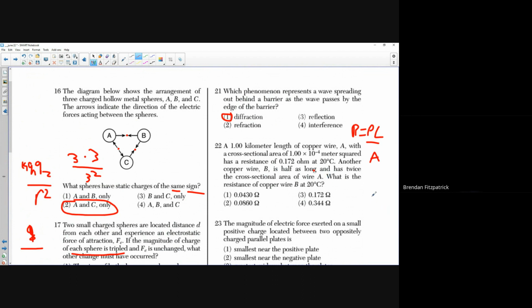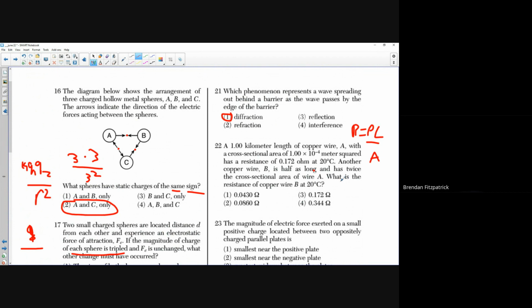Okay, so I'm just going to plug in all the proper numbers. So 1.72 times 10 to the minus 8. So that's the resistivity of copper times the length of copper, which they said was half as long.